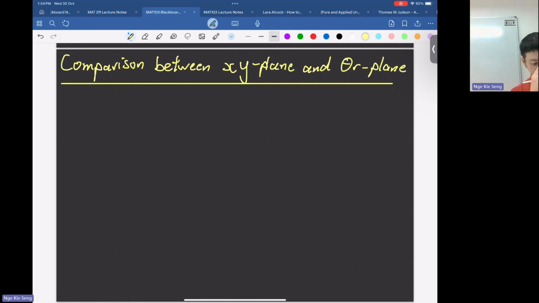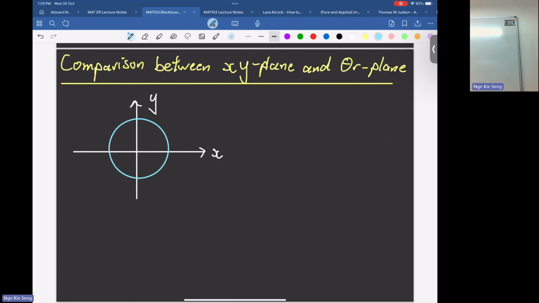So what's the significance of polar coordinates? Basically, we have something inside our xy plane that we can't really write down as a function unless we break the geometry down. But if we transform this into polar coordinates, then this circle is really a function. Let's say this is a unit circle here.